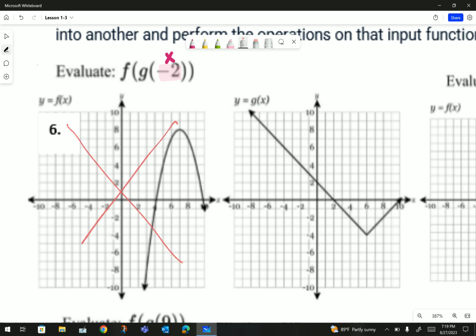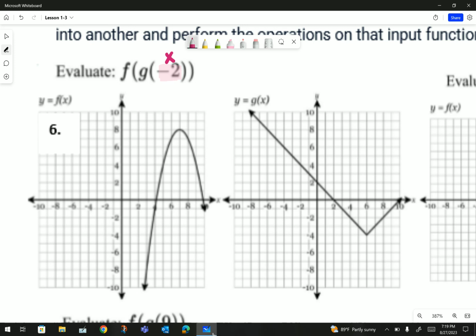So I want you to completely ignore this graph for now. Notice that I said that the x is -2, so I have to start right here at -2. I'm standing right there, okay? Then it tells me to find the y value of g of -2.